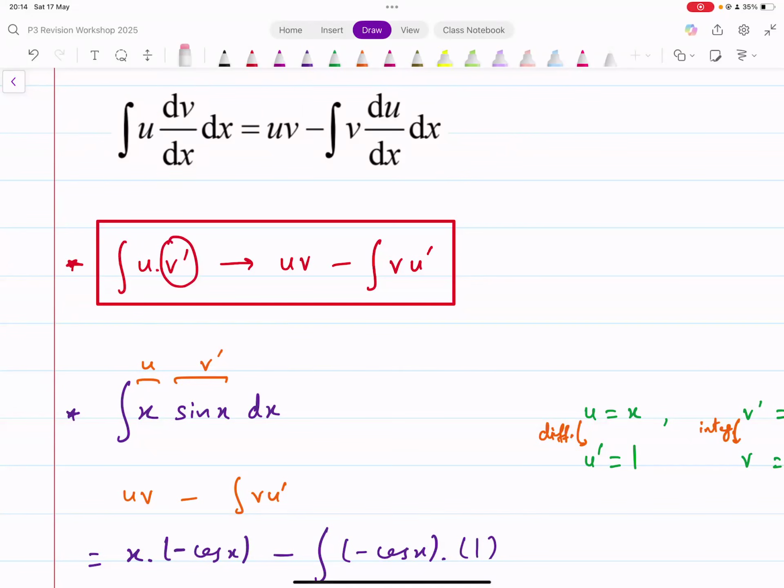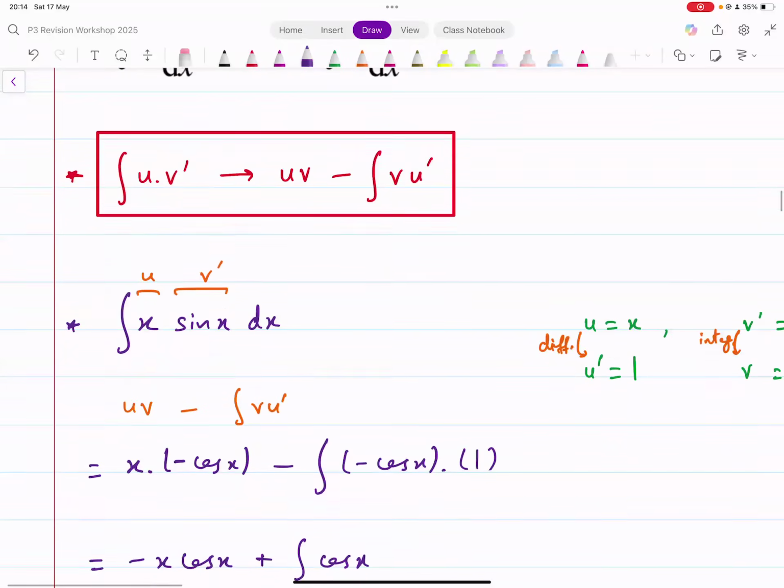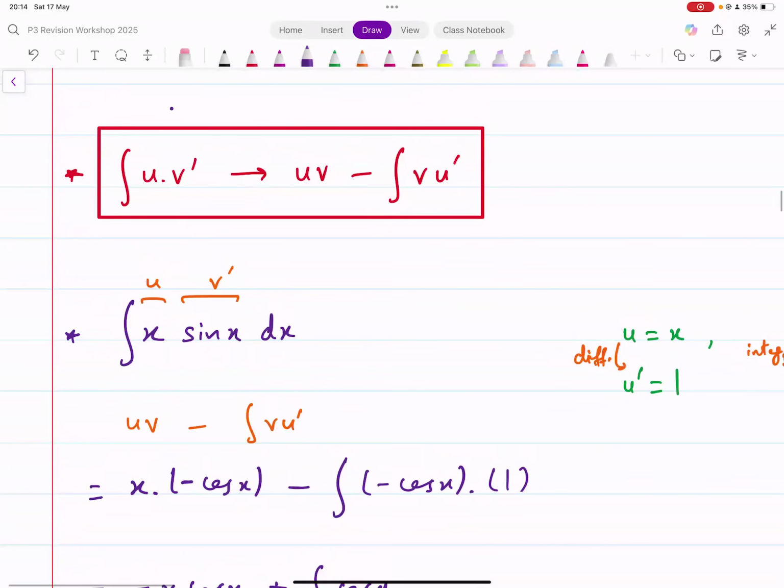So integration of u into v dash, dx just means it's with respect to x, right? So that's understood. We'll ignore that. That is given by u into v minus integration of u dash v, right? That's how we will write that formula. That will simplify things for you. Integration of uv dash is uv minus integration of u dash v, right? That's the formula that we'll be using.